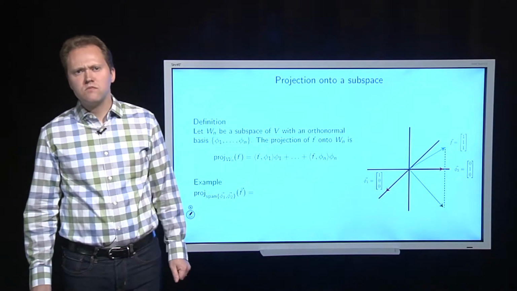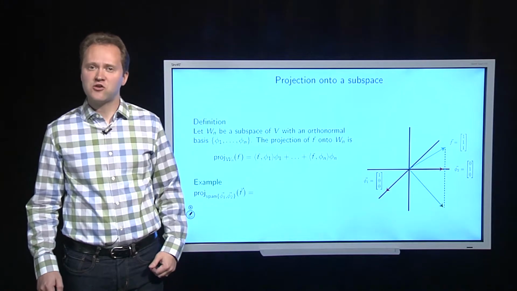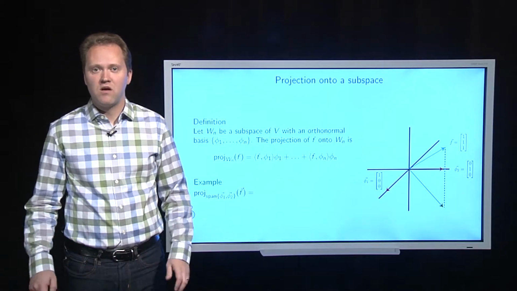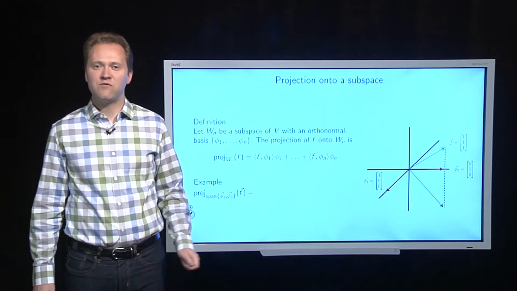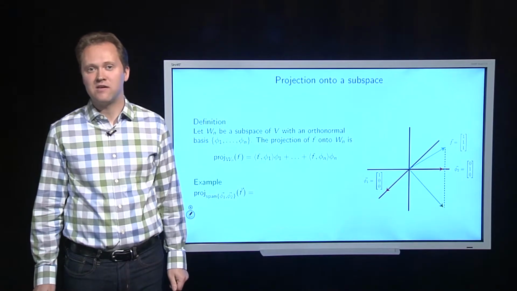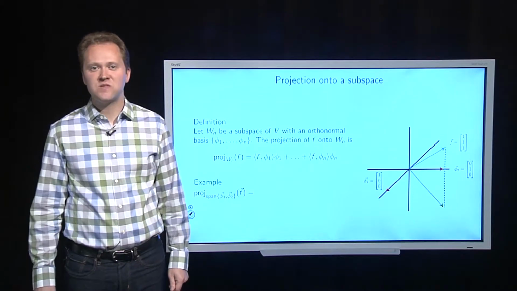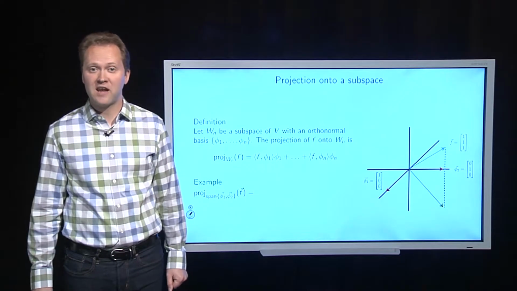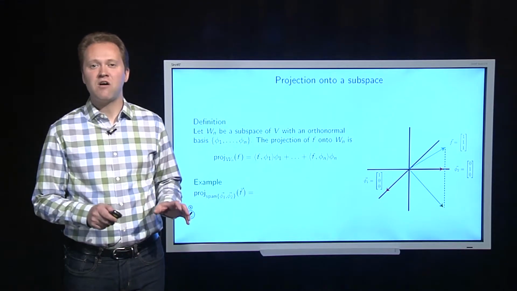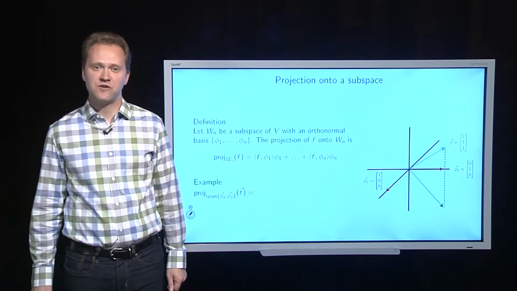Now, what we want to do is project a vector onto a subspace. Now, that you're able to do by doing the analog of what we did for the projection onto a single normal vector, except when you project onto a subspace that has a basis of orthonormal vectors, phi 1 through phi n, you do the projection onto each individually and then add up the result to get the total projection.